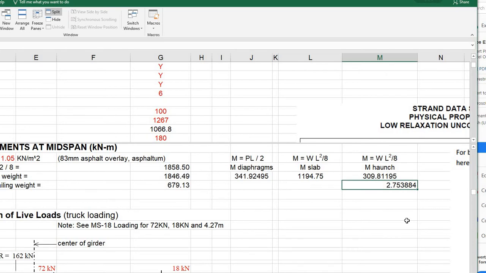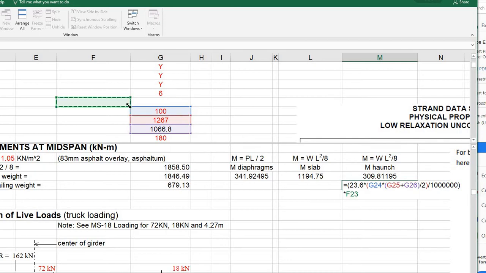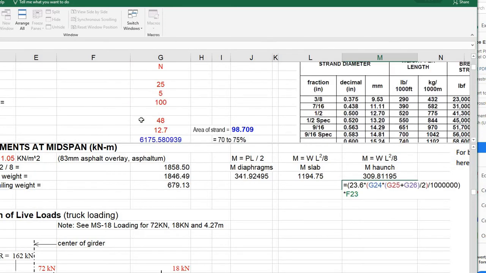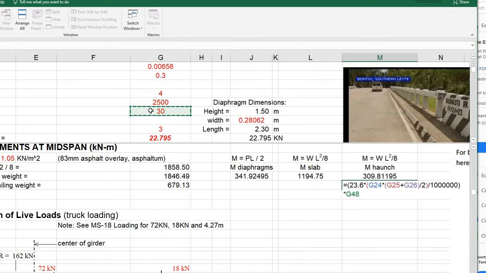Next, we now multiply this by, okay, take note na kapag meron kang division, gumamit ka ng parentheses. So we now multiply this by the distance or length na 30 times 30 divided by 8. Okay? So, yan na. Meron na tayong moment due to haunch.